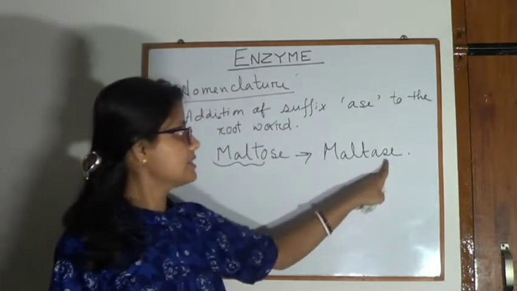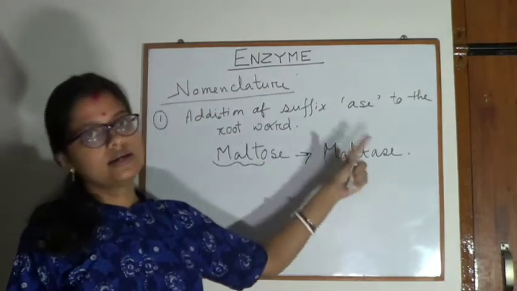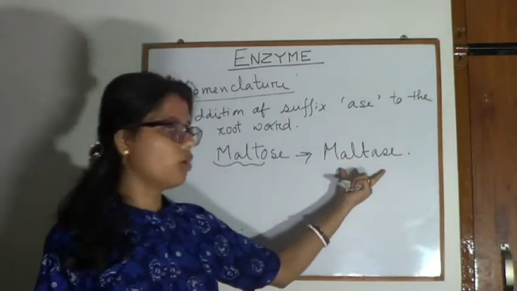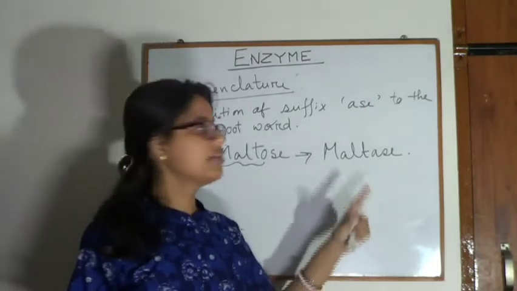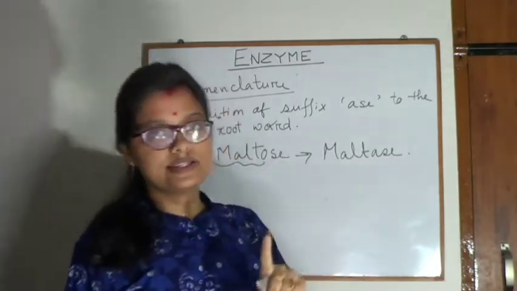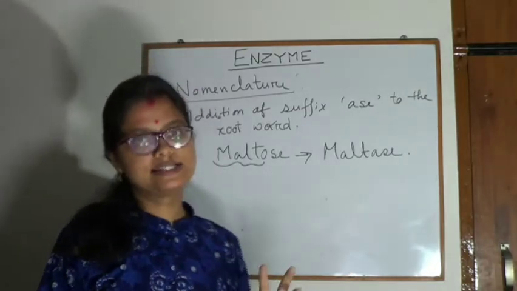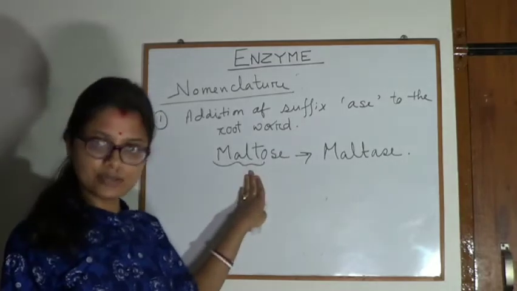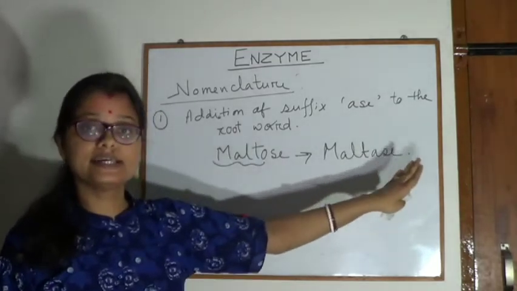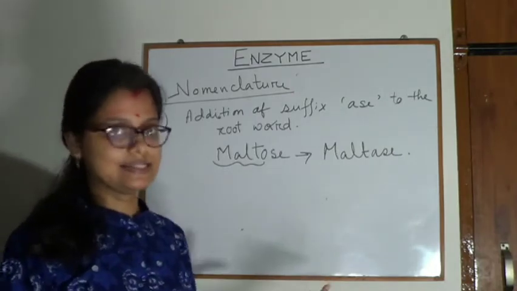As soon as -ase is added to the root word, the word becomes an enzyme. If -ase is there, then the compound is an enzyme. So maltose is the substrate, and maltase is the enzyme.